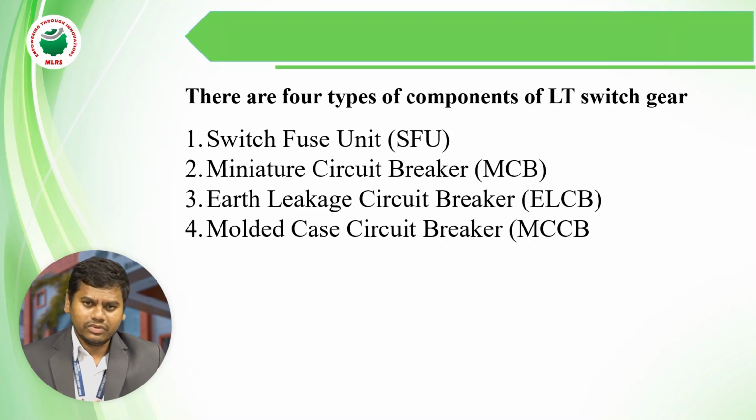What are the four types? The first is SFU, which is nothing but switch fuse unit. The second is MCB, miniature circuit breaker. The third is ELCB, earth leakage circuit breaker. And the fourth and last is MCCB, molded case circuit breaker. These are the four types of components of LT switchgear.